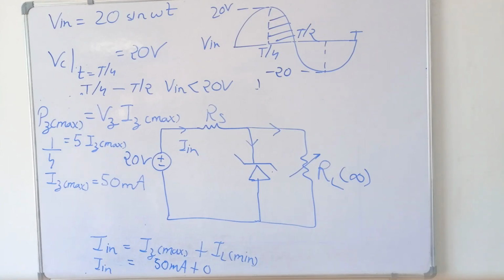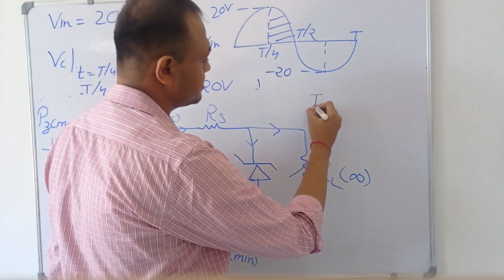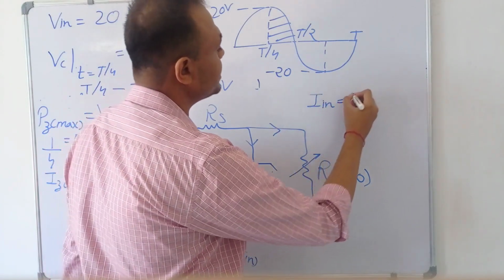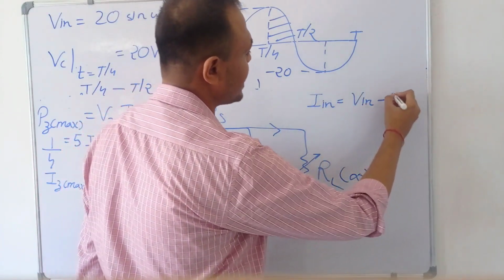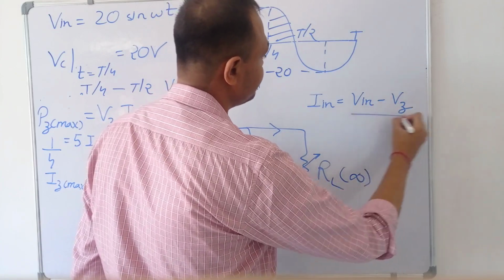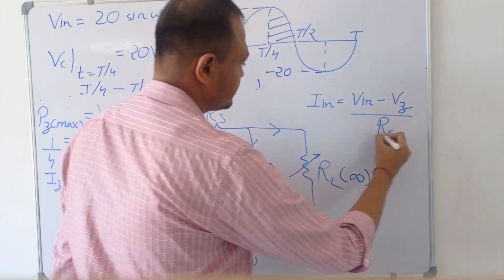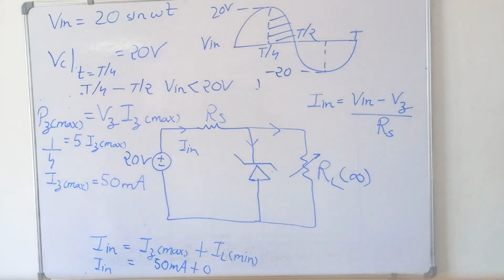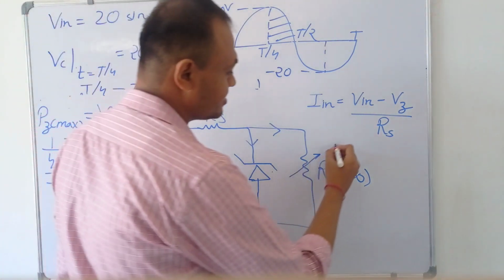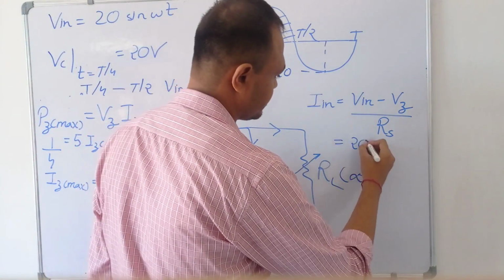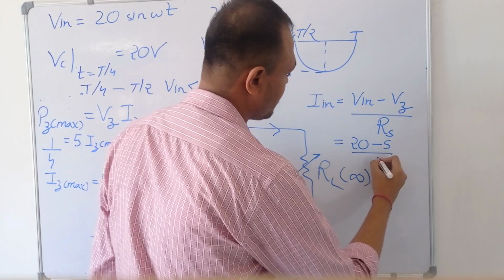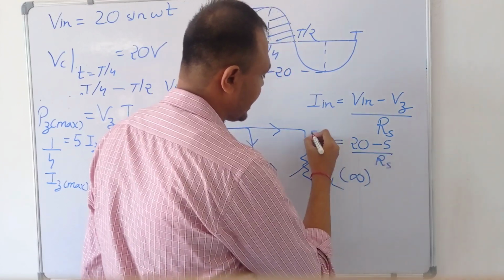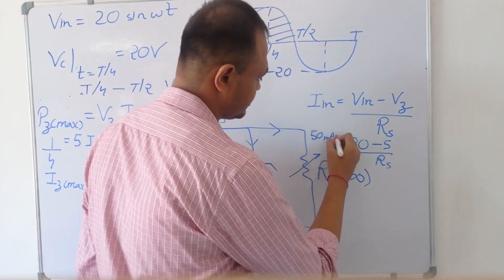So this I in will be given by Vin minus Vz upon Rs. Vin is equal to 20, Vz is 5, upon Rs, and I in is 50 milliampere.